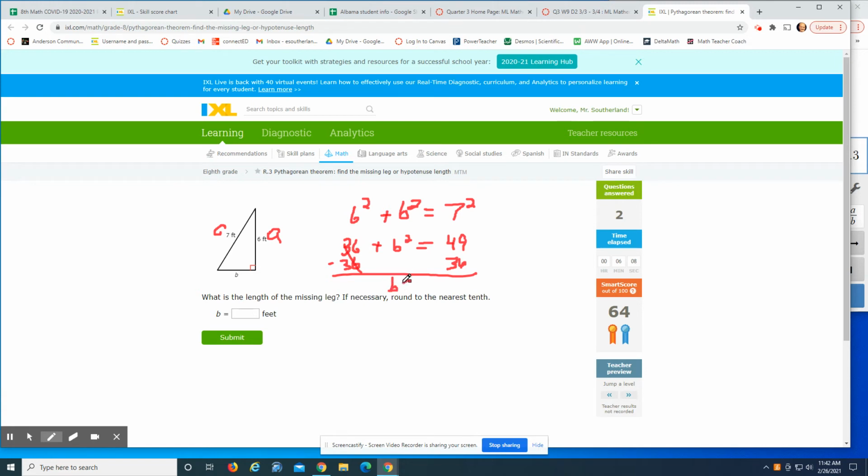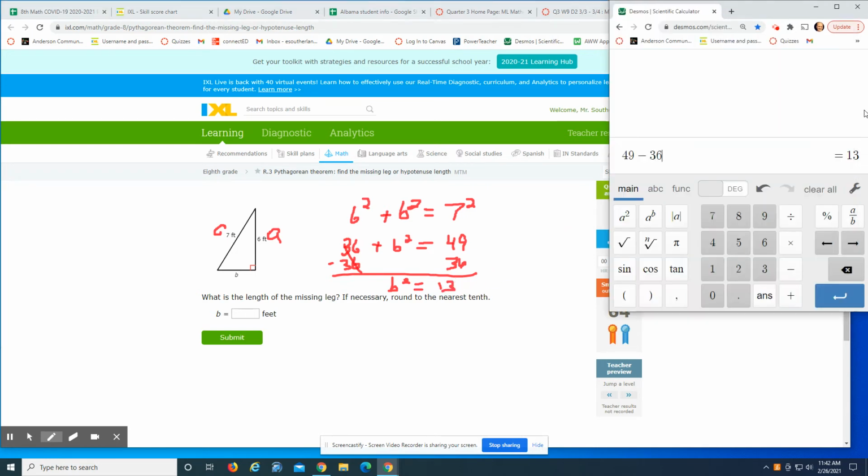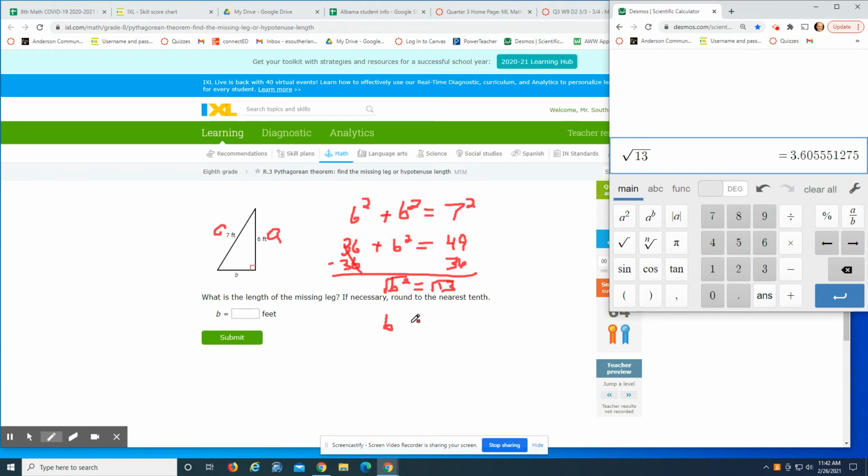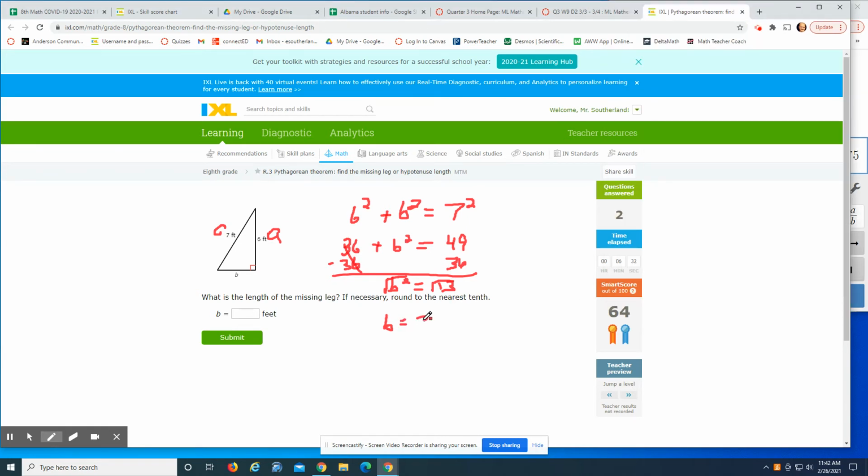B squared is equal to 13. And then I want to find the square root of 13. And I'm going to see that it comes out to be 3.60. And it says round to the nearest tenth, so I look at this one. Because it's below 5, I leave it as 3.6. And so that's what I would type in there, 3.6.